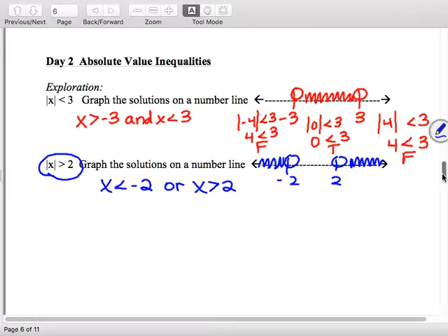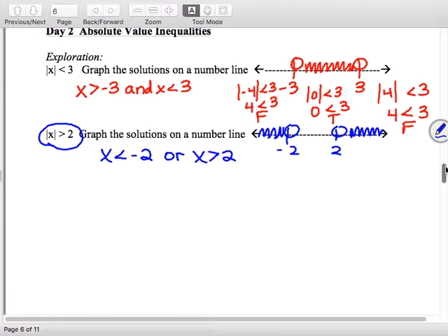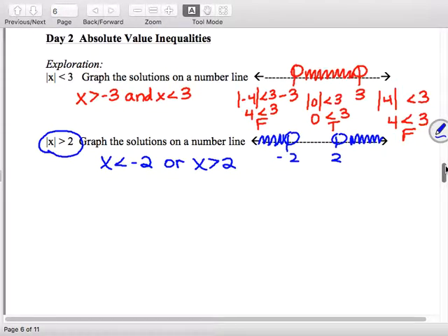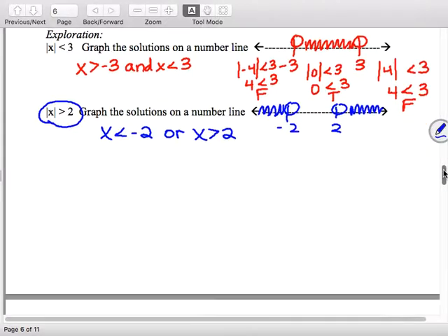The big idea here is if you have an absolute value with a less than, it is an and. Now this is not with regular, but just absolute value. If I have absolute value with a greater, and I'm going to say that in a silly way, absolute value greater is an or. All right, so that's the big idea. Absolute value less than is an and, and absolute value greater is an or.